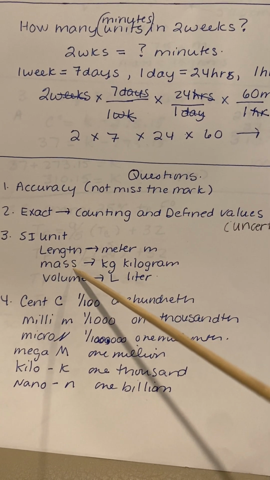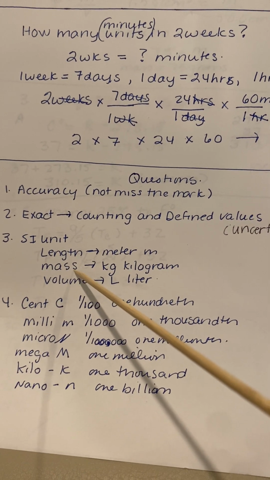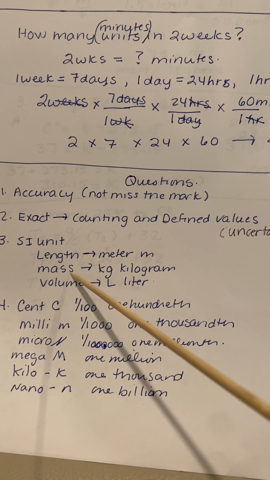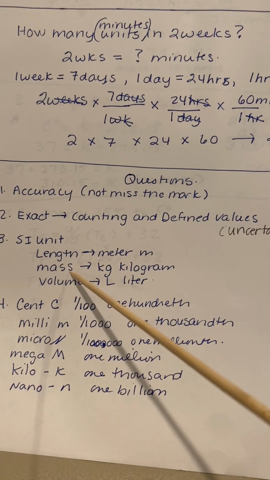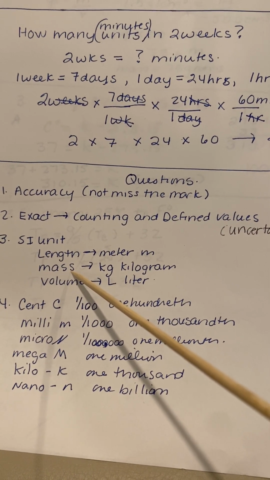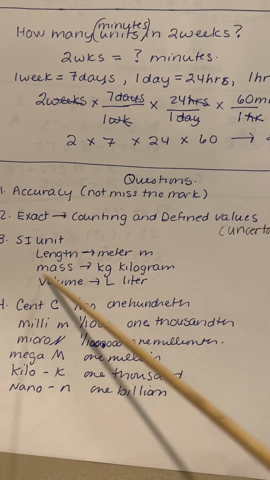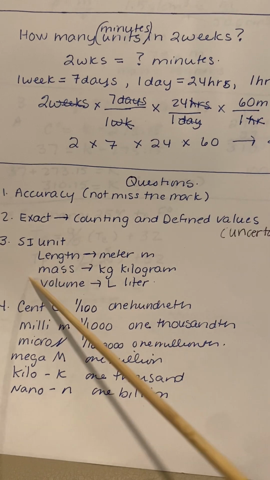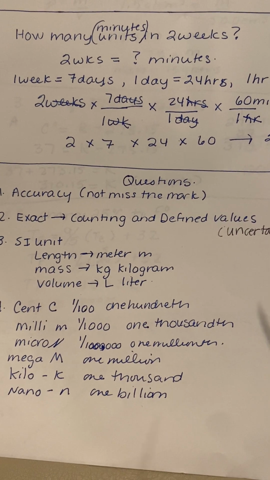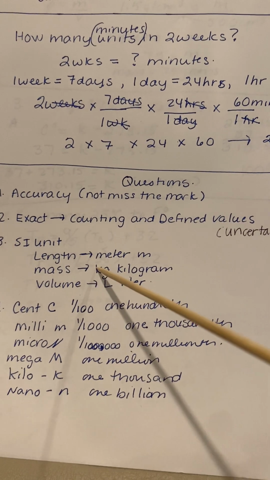Now, if you're measuring mass, I'm not talking about weight. Remember, mass and weight are different. Mass looks like the weight, but weight has to do with gravity, because if you take your weight on the moon, it's going to be a lot lighter than it's going to be here, right? So weight has to do with gravity, but mass has to do with how much mass is in the object, not volume.